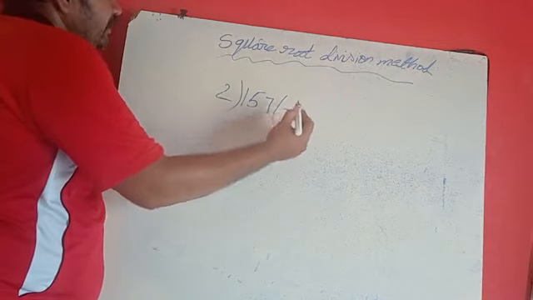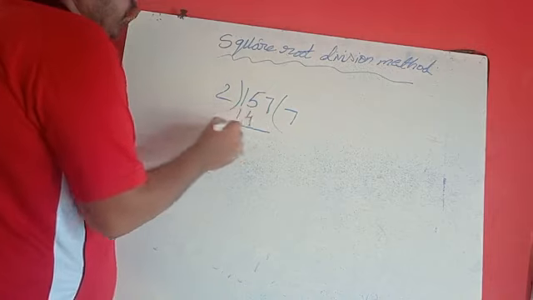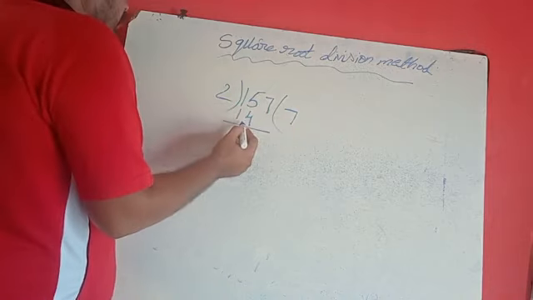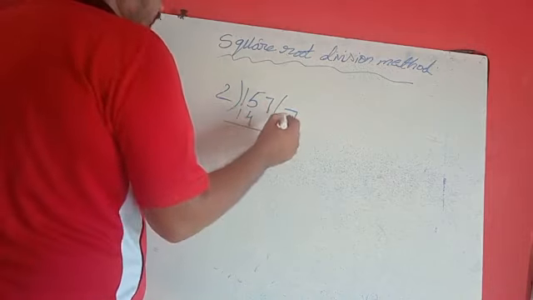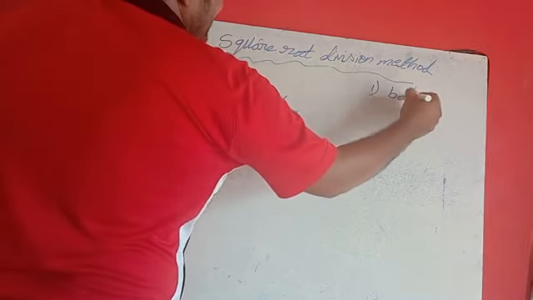Why do we take 7 times? The rule is that it should not exceed. If you take 8 times, it will become more. So here we write 7 times only. This 7 times is called balancing.